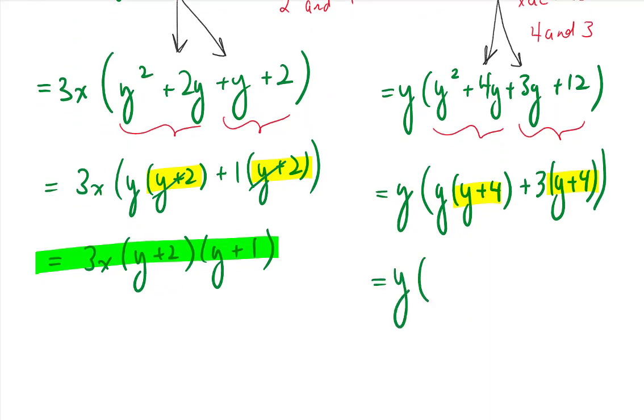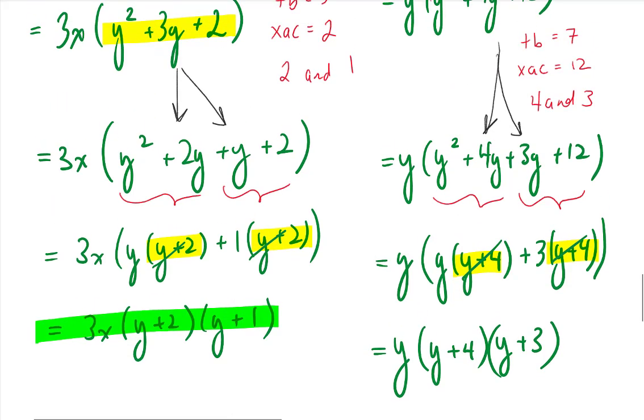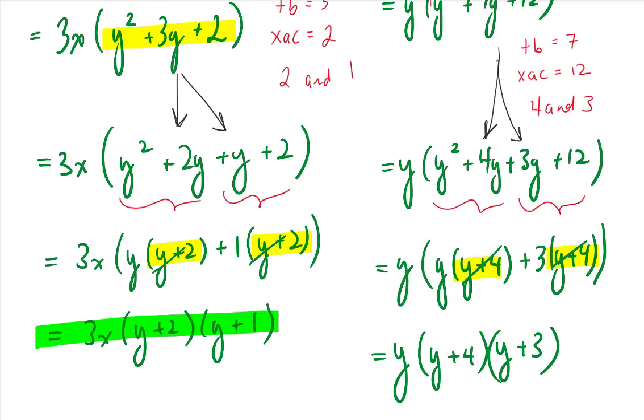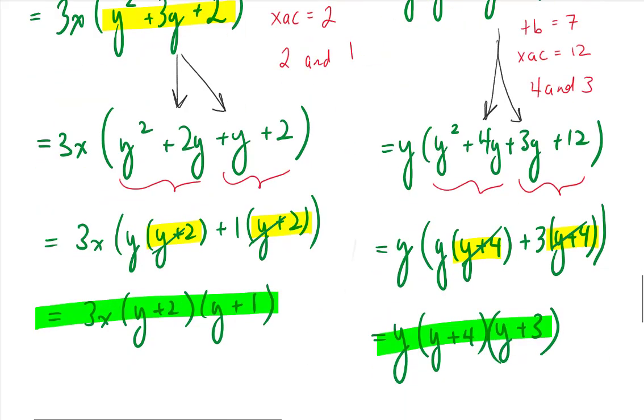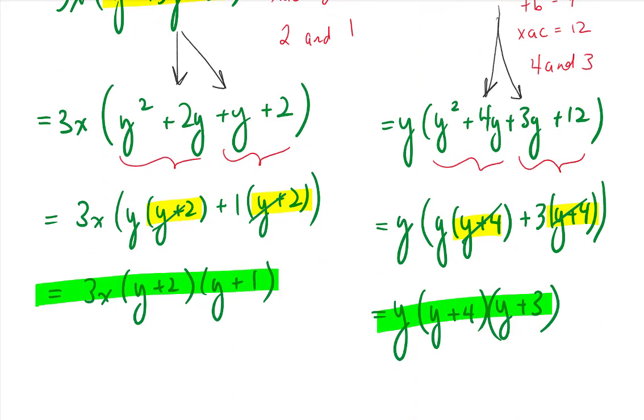So we have y. We take out the y plus 4, and what do you have left? Y plus 3. And once again, we've factored a more complex expression. So this in standard form becomes the expression in factored form.